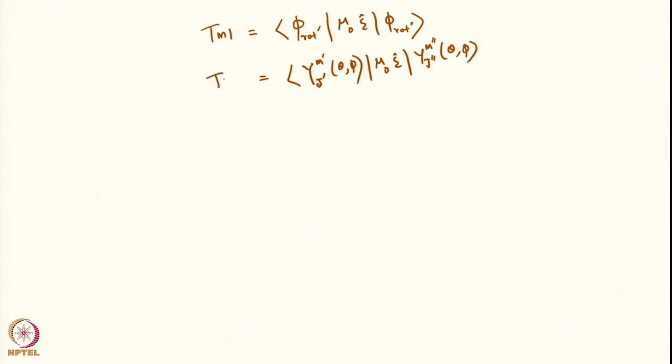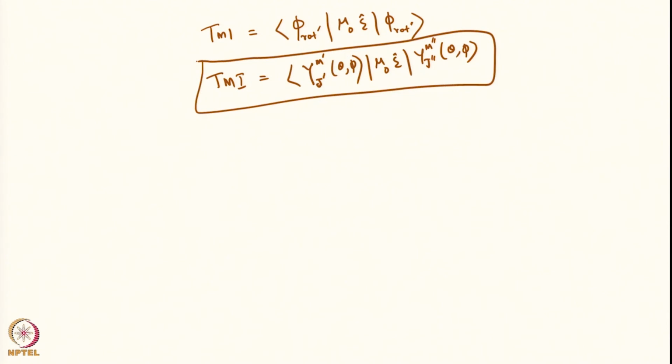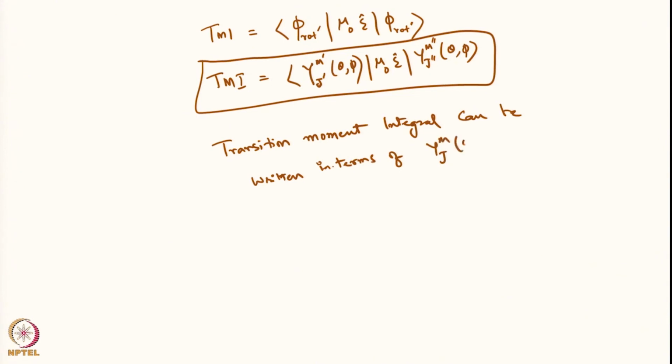So, that is going to be your TMI. Okay. Your transition moment integral can now be written in terms of spherical harmonics, Y J M theta and phi, which is nothing but your spherical harmonics.